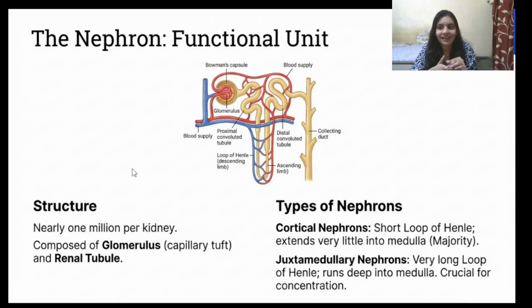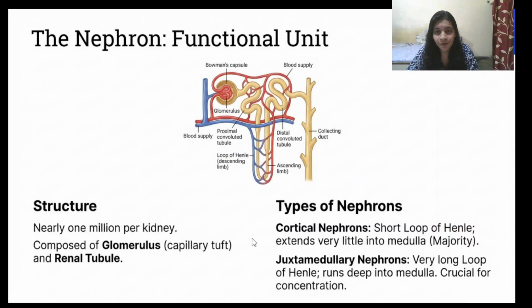Yes, that tiny. And what are they composed of? They're composed of the glomerulus, this tuft of capillaries you see, and also the entire tube structure that is known as the renal tubule. So the two parts of a nephron in basic terms are the glomerulus and the renal tubule.